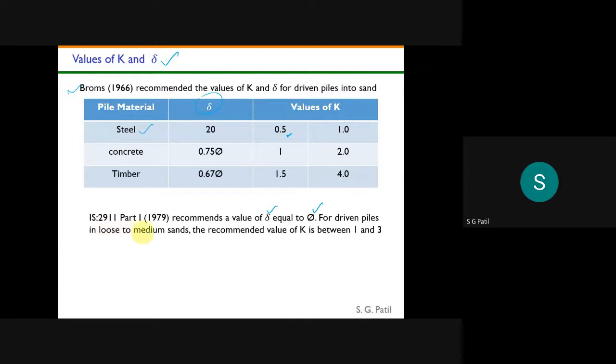In loose to medium sand, the recommended value of K is between 1 to 3. In the next class I will open IS 2911 and show you where you can find all these formulas and guidelines.